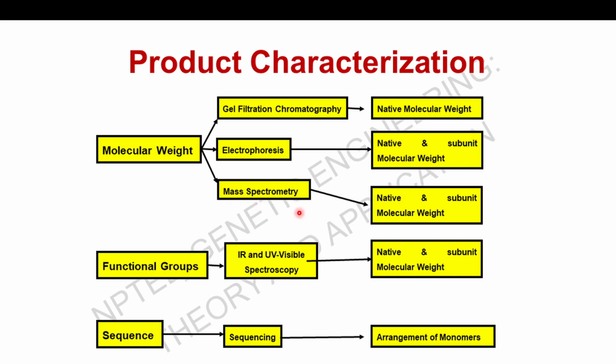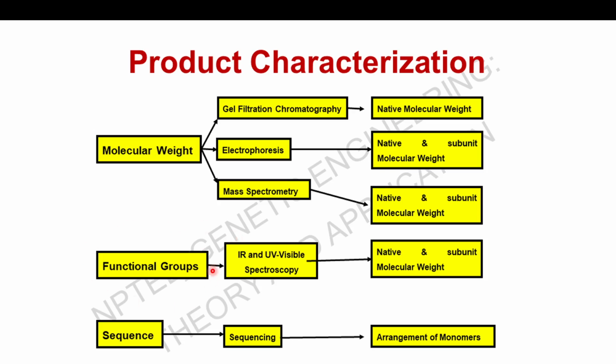And mass spectrometry is a kind of foolproof technique, wherein we get the exact molecular weight of our molecule of interest, whether it is a protein, nucleic acid, or any metabolite, even if a ligand is attached to the protein. You can also distinguish proteins that are post-translationally modified; those modifications can be detected using mass spectrometry.